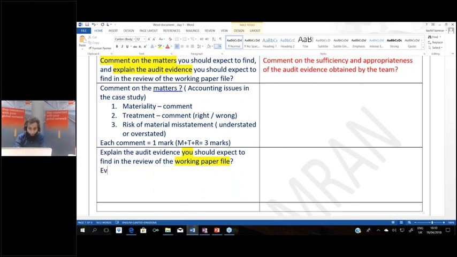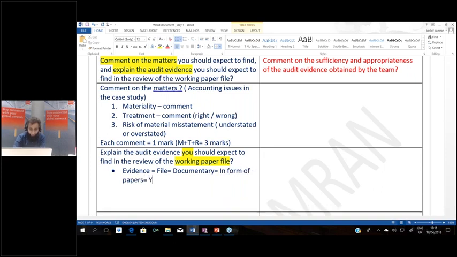So when I talk about evidence, it is equal to evidence in the file, and the evidence in the file is something which is documentary, something in the form of papers, something which is tangible.